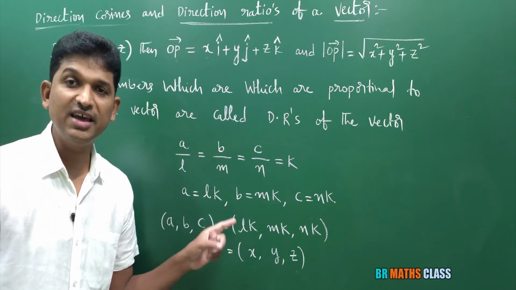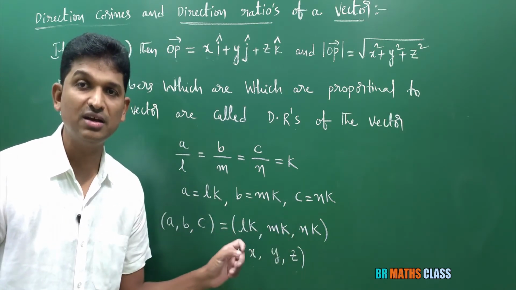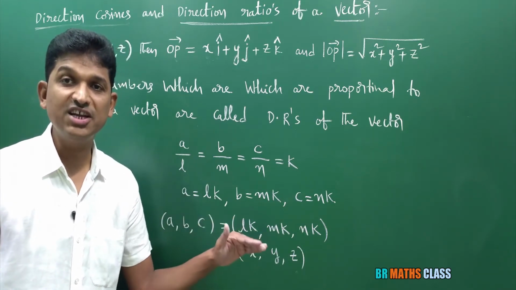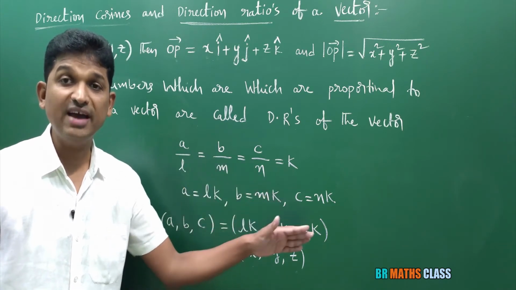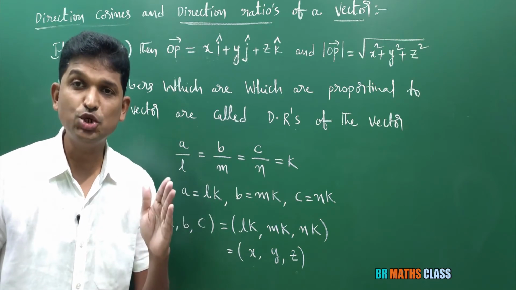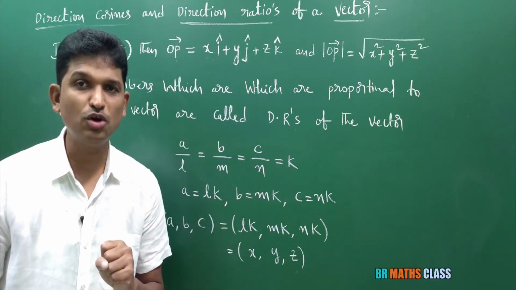Now if I take k, k is any scalar. In place of k, if I write 1, then l, m, n also act as direction ratios of that vector. Important point: direction ratios of a vector are not unique.